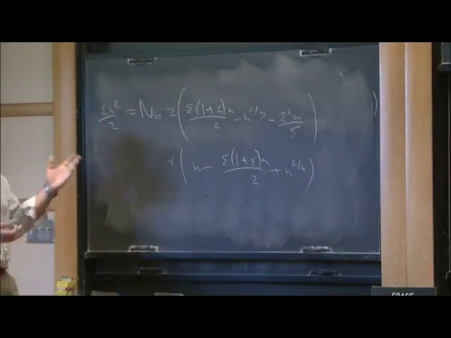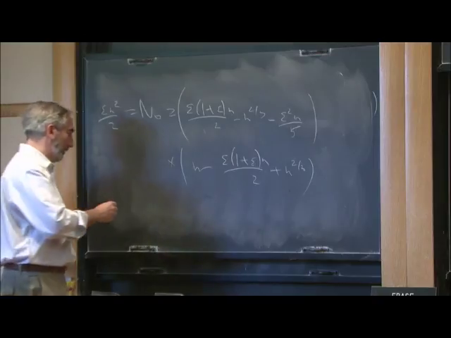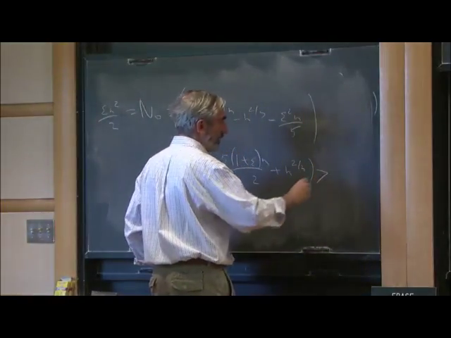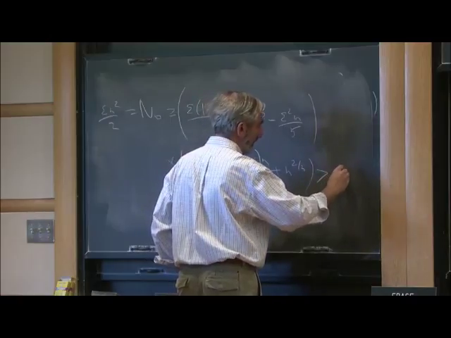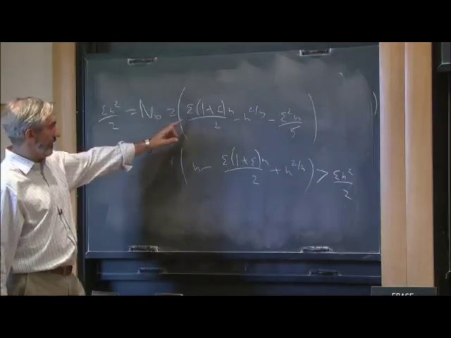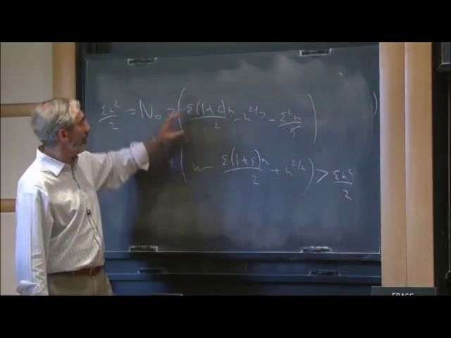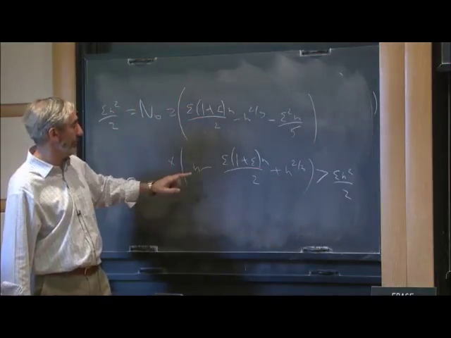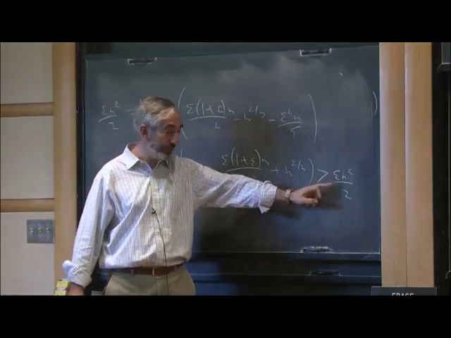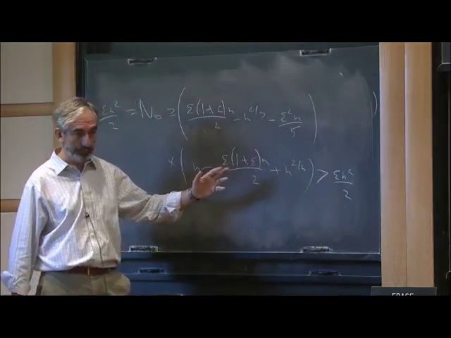And if you do this simple math here, you just need to calculate, you'll see that this expression is actually, assuming that n is small enough, larger than epsilon n squared over 2. The first term will be in this expression indeed epsilon n squared over 2, which comes from here, epsilon n over 2 times n. But the second term will be a quadratic term in epsilon, and this quadratic term in epsilon comes out to be positive.